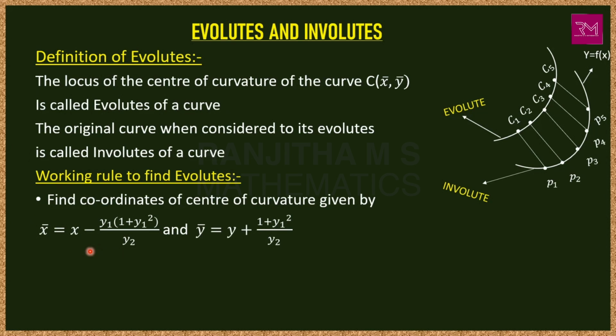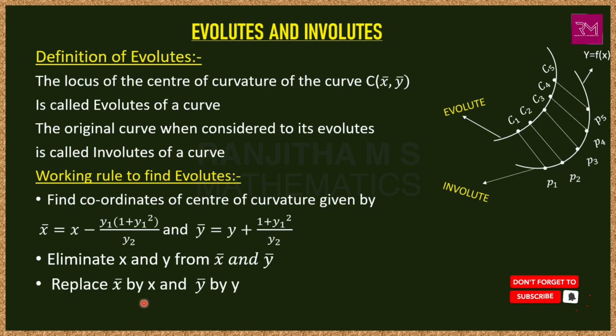Here, to find the evolute of a curve, the first step is to find the coordinates of the center of curvature. After finding the coordinates of the center of curvature, we have to eliminate x and y from x bar and y bar. In the next step, we have to replace x bar by x and y bar by y.